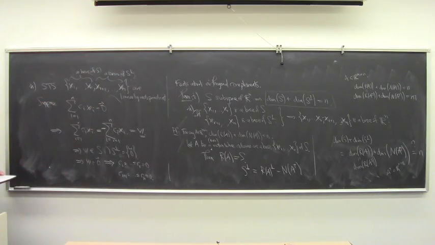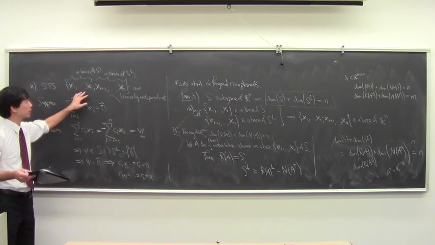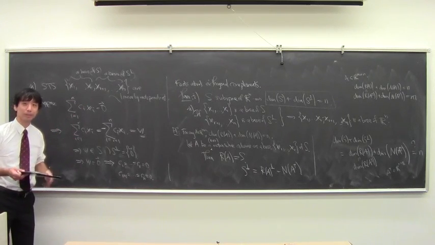So these are linearly independent, and so their union is going to be a basis for the space.